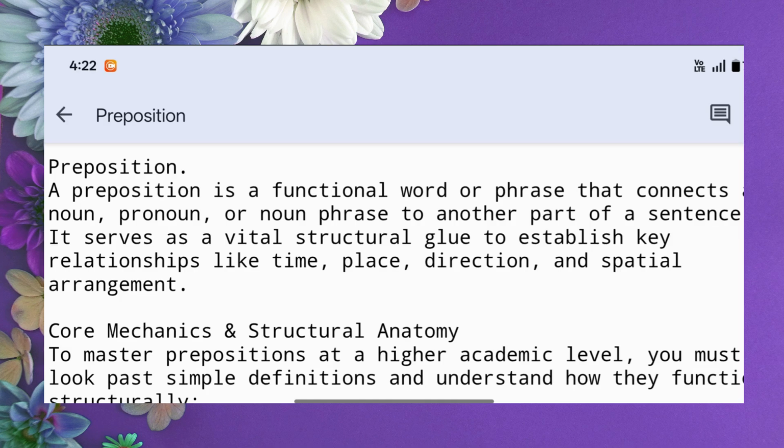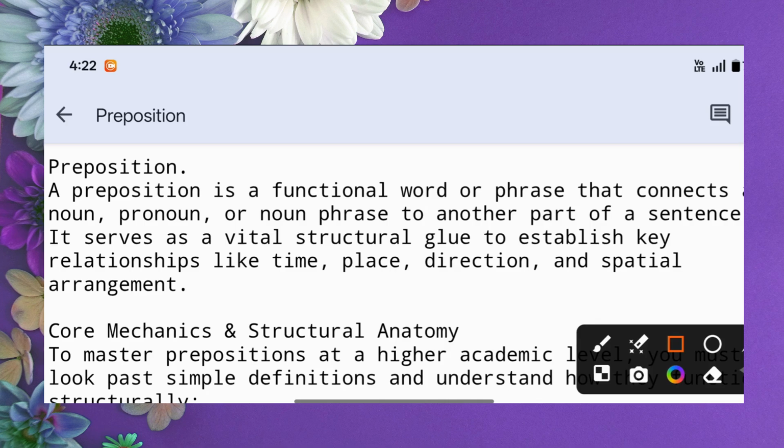Today, as part of our series, we are going to learn about prepositions in English in a simple and easy way. First of all, let's revise the spelling of preposition up to 5 or 6 times.